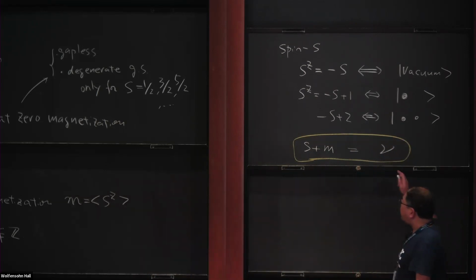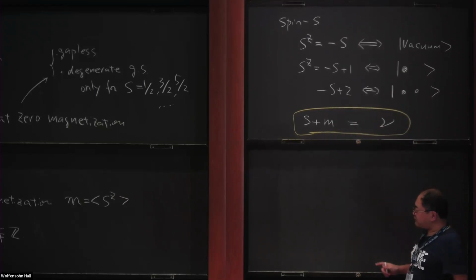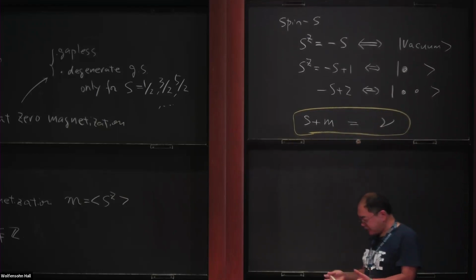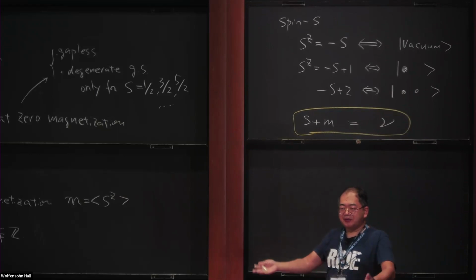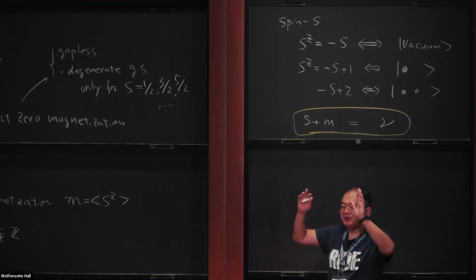And moreover, in terms of this filling factor, this Lieb-Schultz-Mattis theorem becomes more natural, because this theorem tells you that if you have integer filling, you can realize a trivial state with a unique ground state with a gap.